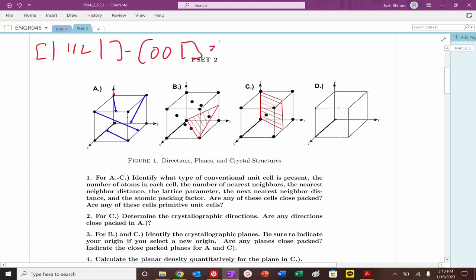So it'll be 1, 1/2, 0, and then we know that that has to go to 2, 1, 0. So there we go.